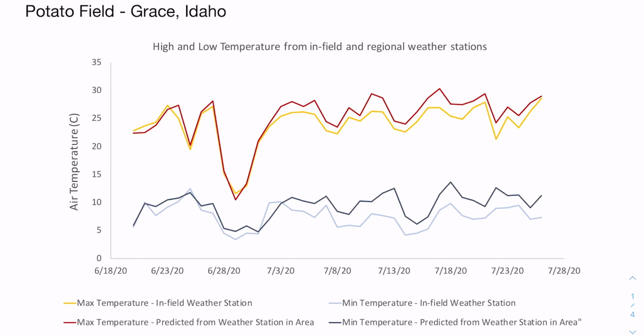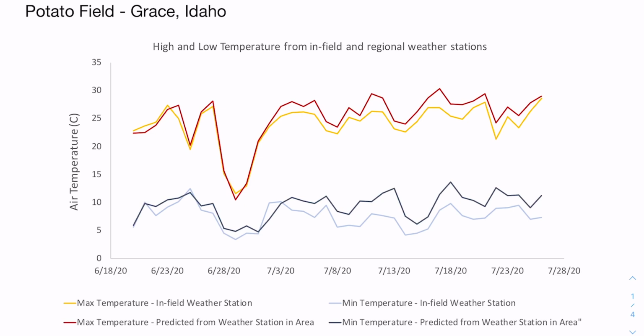The take-home point that I'm at least getting from this is that for a lot of these data, we're seeing a considerable overestimate of air temperature by the regional estimates compared to the in-field station. But it also begs the question, is this so important?